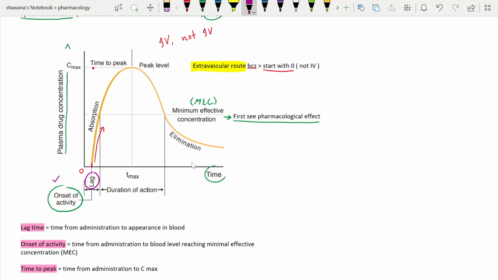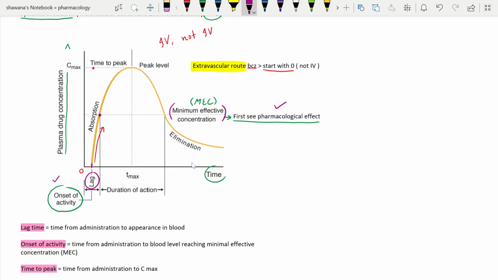Onset of activity is another terminology used. It is the time from which the administered drug starts to have pharmacological effects, from the lag time towards the minimum effective concentration. What is minimum effective concentration?